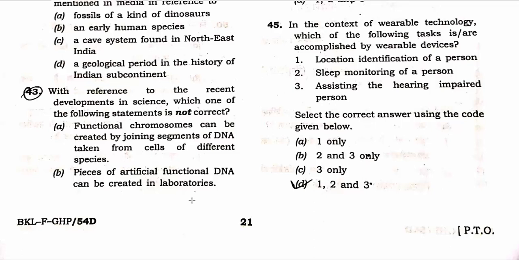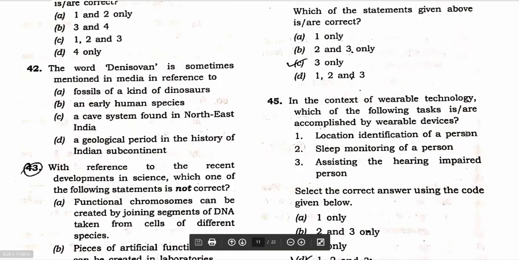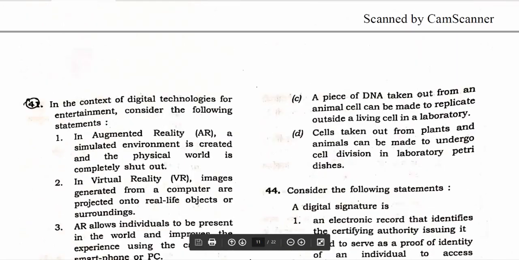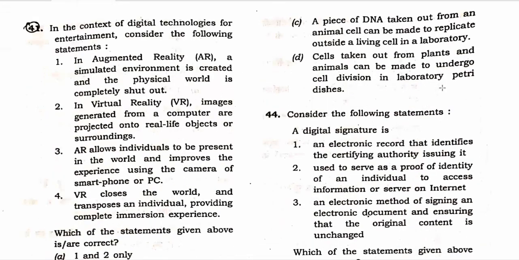So for 43, we can ensure that B is somewhere related to it, because it is purely on artificial gene synthesizers. When it comes to C, a piece of DNA taken out from an animal cell can be made to replicate outside a living cell in a laboratory. That is nothing but a cloning culture which can be seen in statement 3, because there is a lot of animal tissue culture technology which has been there for quite some time, and DNA was again repeatedly used there.